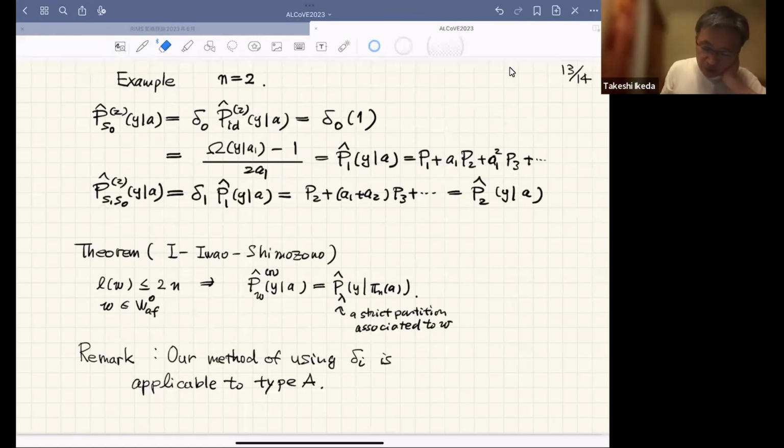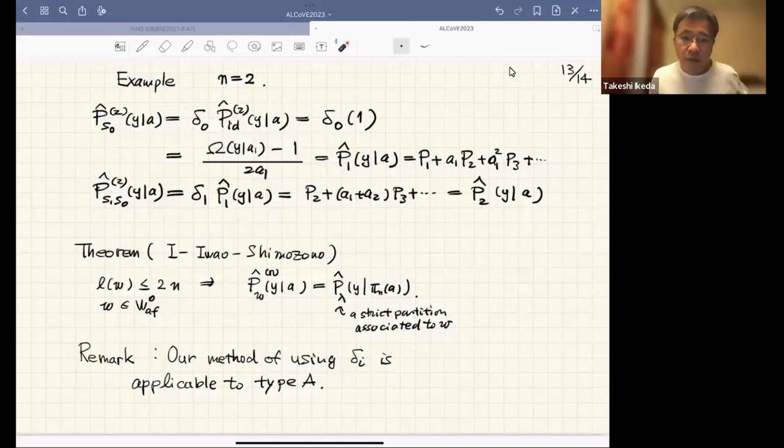But if the length is smaller than 2n, these functions actually coincide with certain P hat functions associated to certain strict partitions, but the parameter is specialized in this way. Let me remark that our method of using delta i is also applied to the type A case given by Lam and Lam–Shimozono.